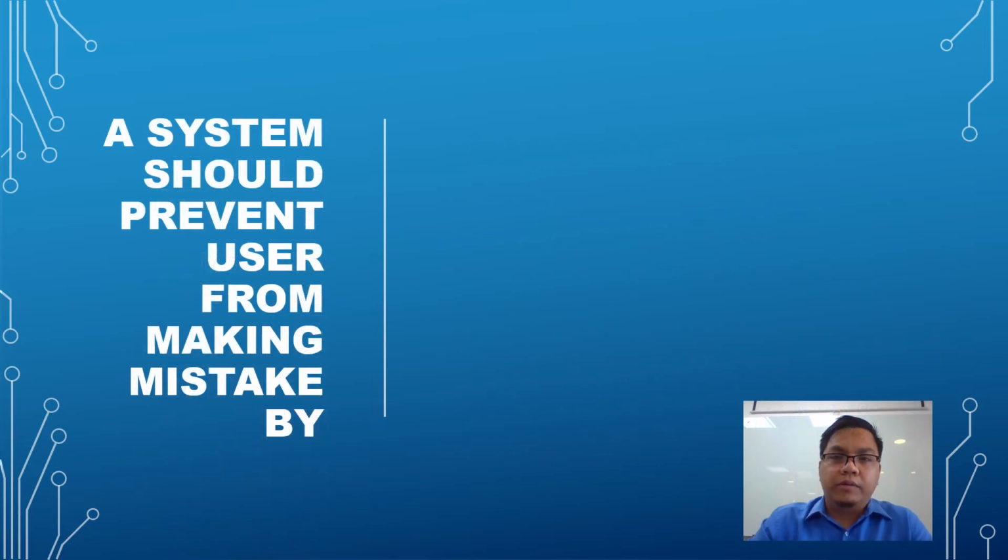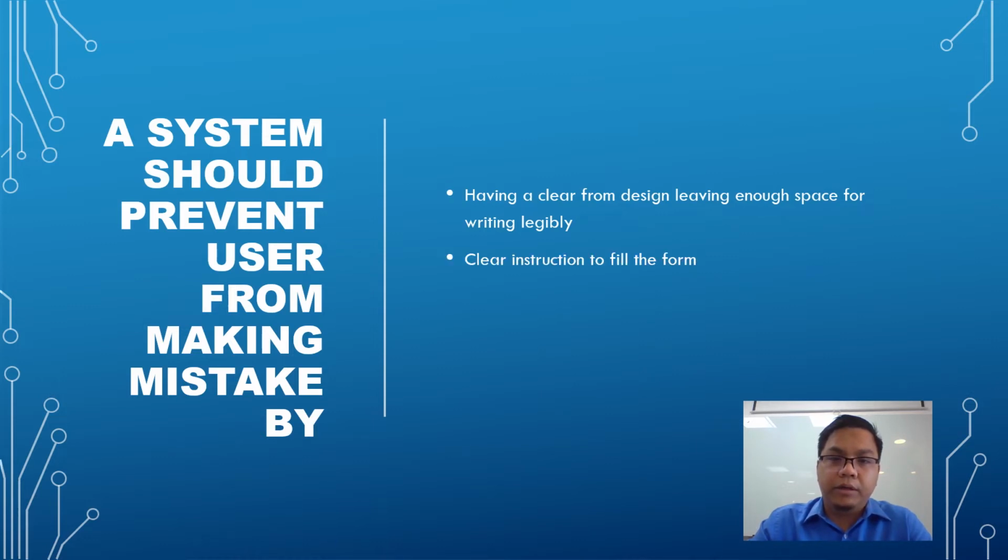To create a good system, we should prevent users from making mistakes by having a clear form design, leaving enough space for writing legibly, clear instructions to fill the form, reducing keystrokes, and immediate error feedback.